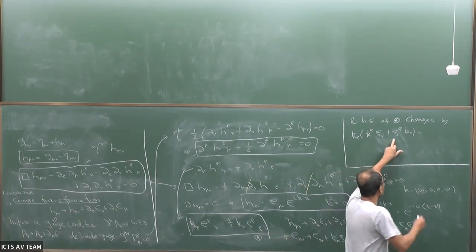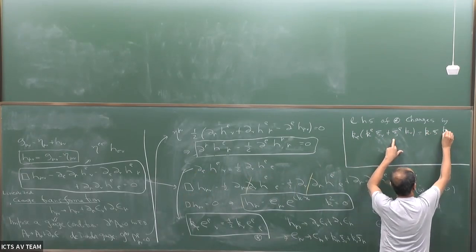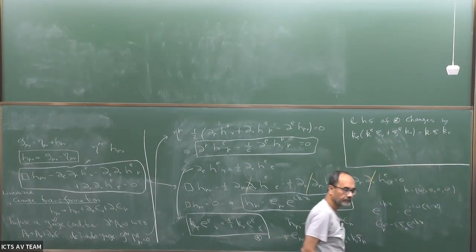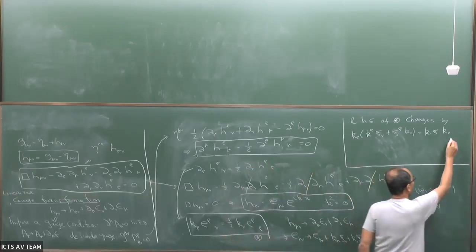The second term gives you k dot xi times k nu. We have used the fact that k square is 0.